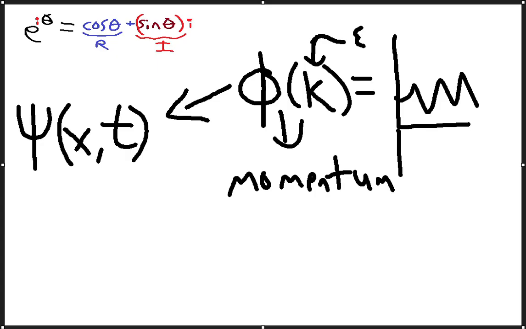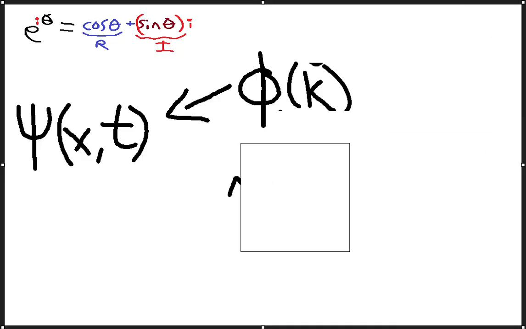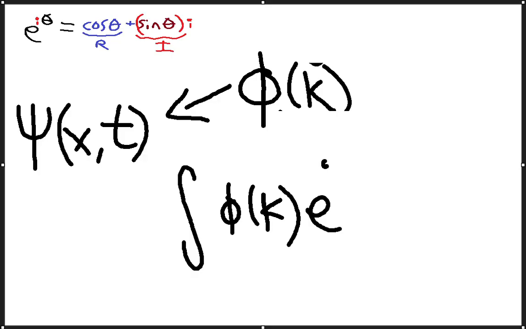Let's say that we want to turn it into this. Well, this is like momentum. There's actually a simple, it doesn't look simple, way. If we take the integral of phi of k and multiply it by e to the negative i times k x, and take the integral with respect to k, this will give us our wave function.